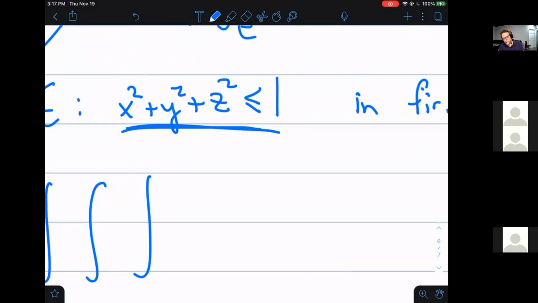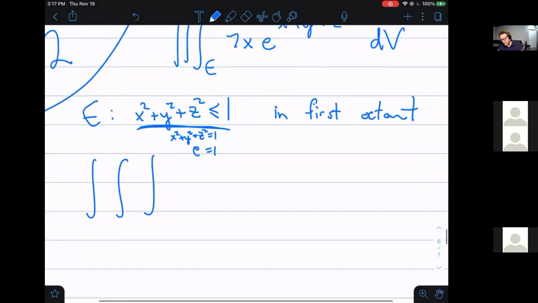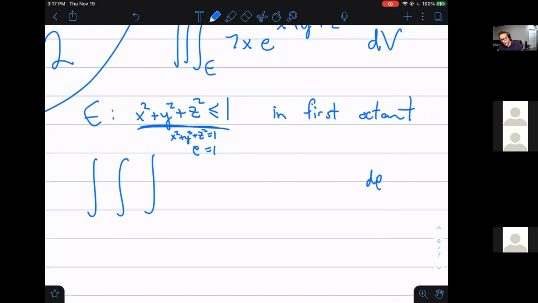If it were equal to 1, that's the boundary of this region, which corresponds to rho equals 1. So for your d rho, since it tells us to use spherical, we're going to go from 0 to 1.